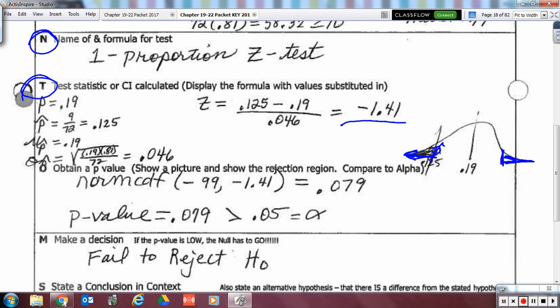So I calculated normalcdf from negative 99 to negative 1.49. I got 7.9%. So my p-value of 0.079 is greater. If it's greater than alpha, then my p-hat is not in the rejection region, so I do what?